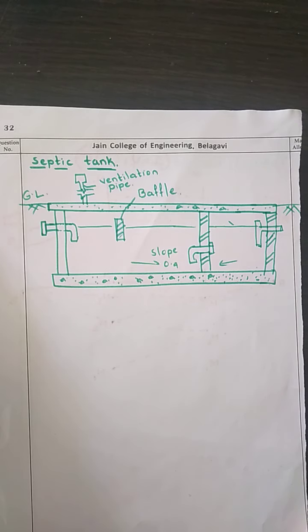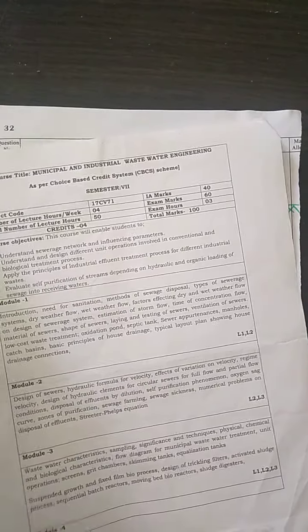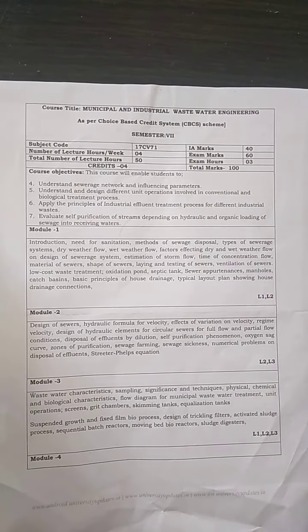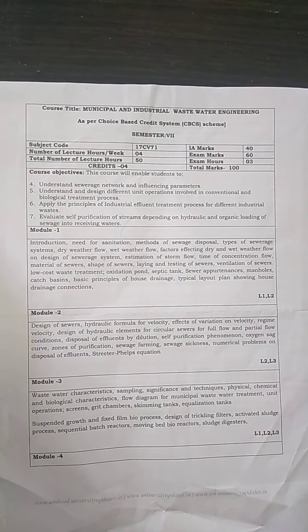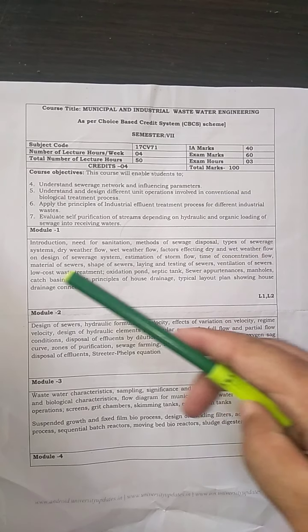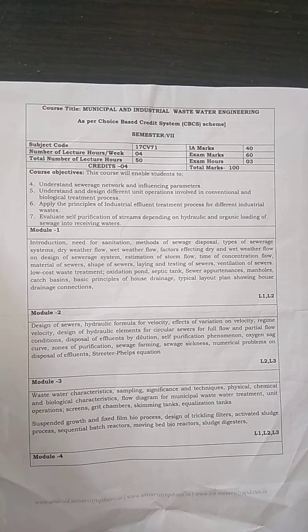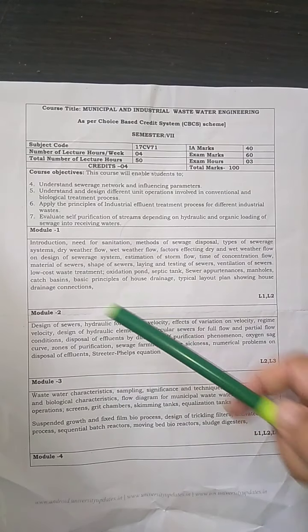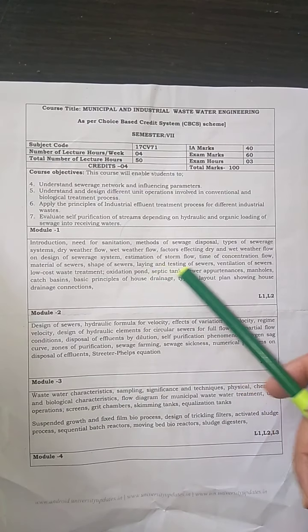Now we have completed module 1 of your municipal and industrial wastewater. In module 1, we have discussed introduction, need for sanitation, methods of sewage disposal, types of sewerage system, dry weather flow, wet weather flow, factors affecting dry and wet weather flow, estimation of storm flow, materials of sewer, shape of sewer, how the testing should be carried out, and low cost house treatment.